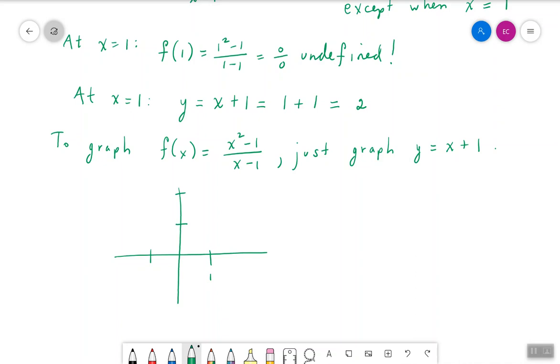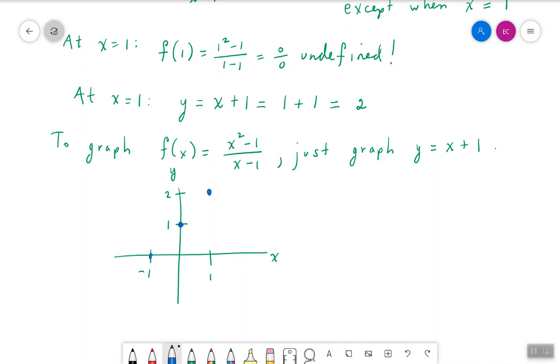Let's see here. 1, 2, negative 1, x-axis, y-axis, and so if we're graphing x plus 1, when x is 0, y is 1. When x is 1, y is 2.